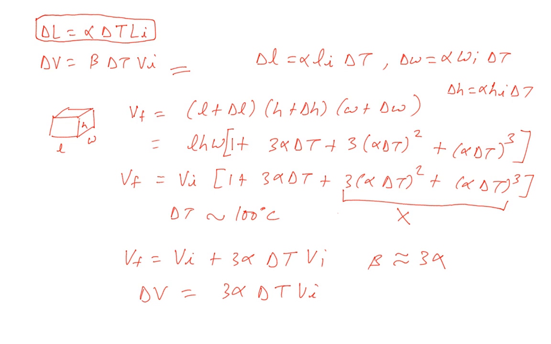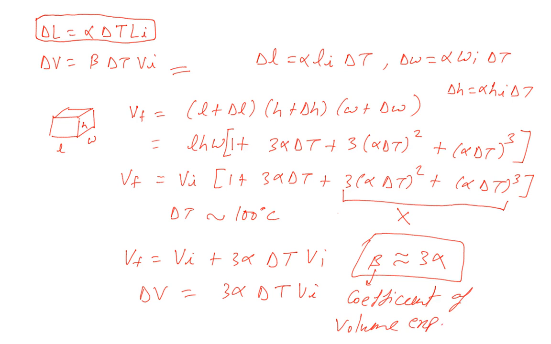So this formula always holds true for any volume. And beta is called the coefficient of volume expansion. So that's about it. This is all about expansion of solids as you increase the temperature.